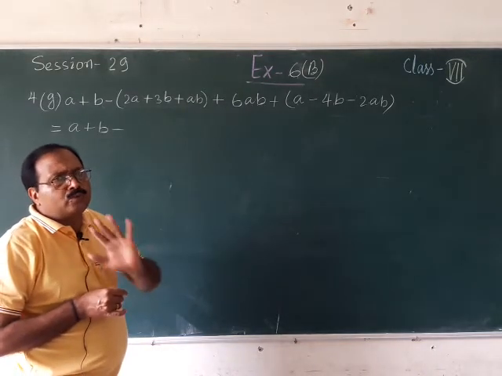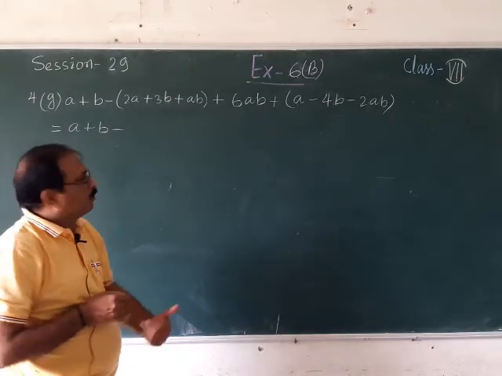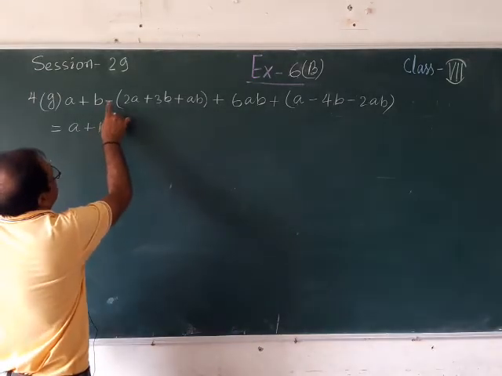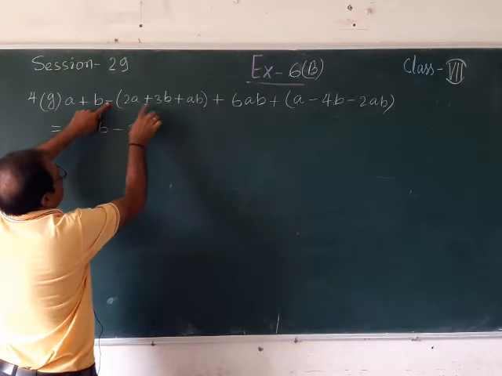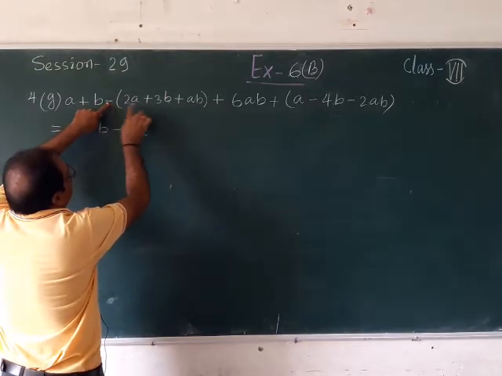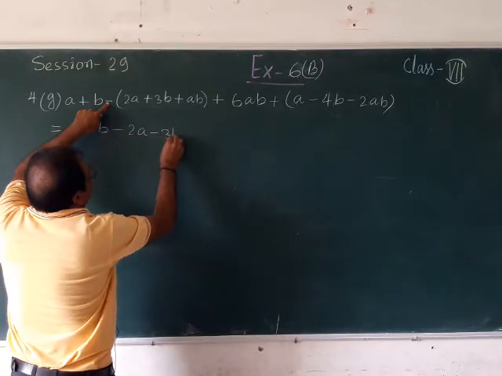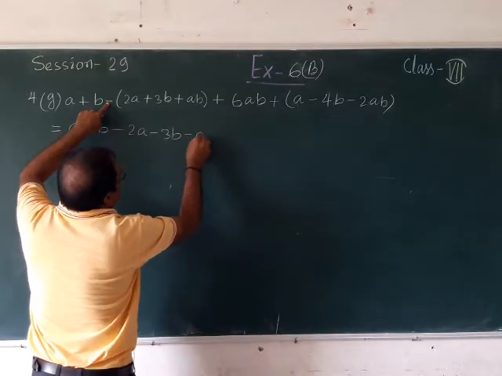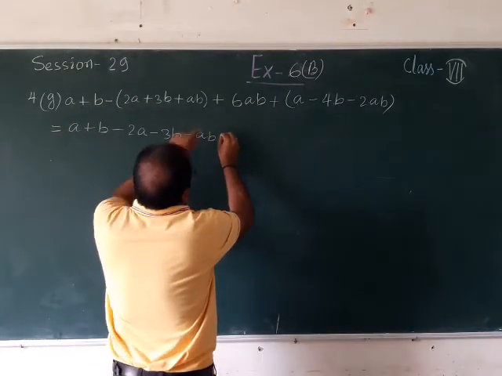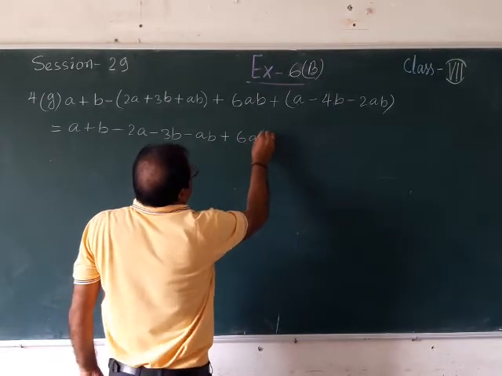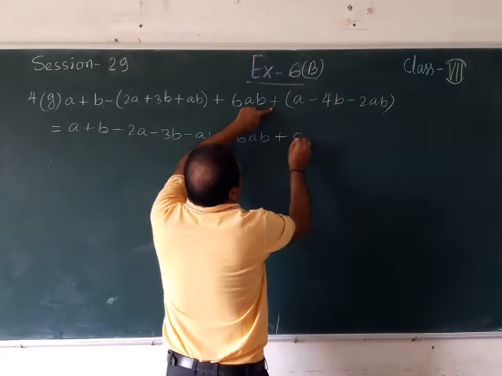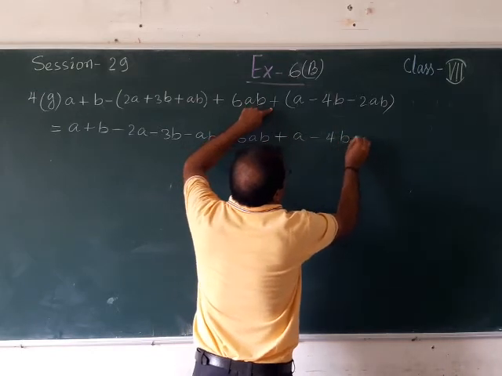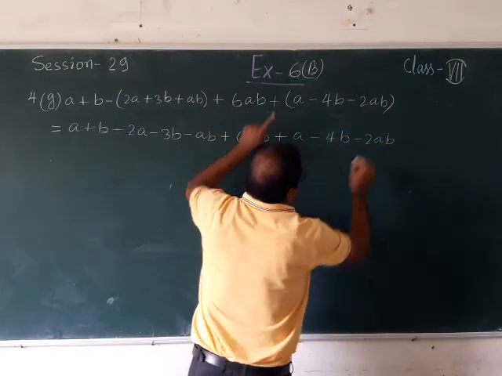And if there is no working, you just copy it down by comparing the sign. Here minus is there, so I can write minus 2a, then minus and plus, after comparing, becomes minus 3b, and here minus plus becomes minus ab. Then I am copying plus 6ab, then here plus sign is not going to change any sign, so I am just opening the bracket and copying the things down.